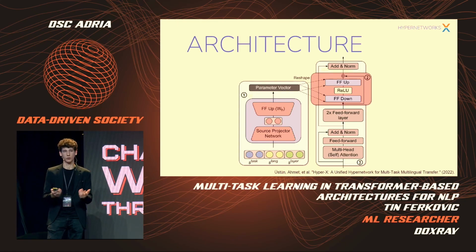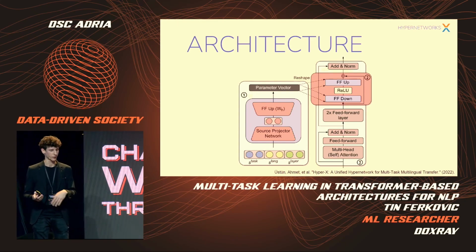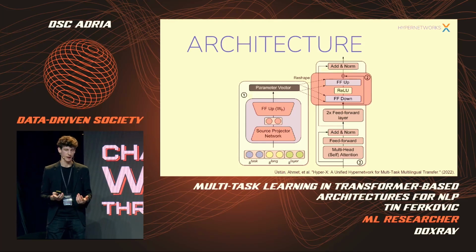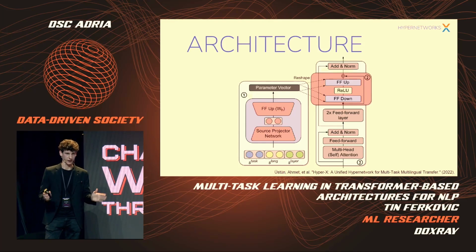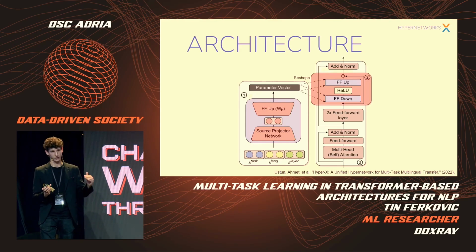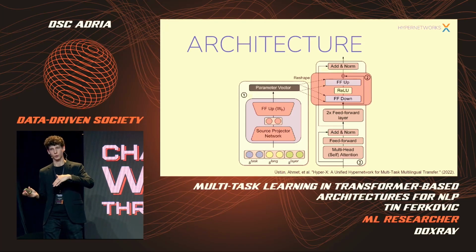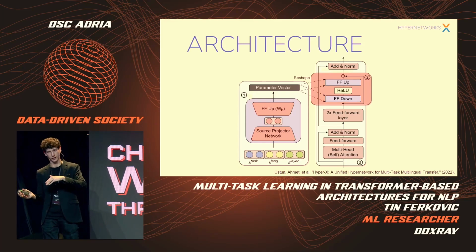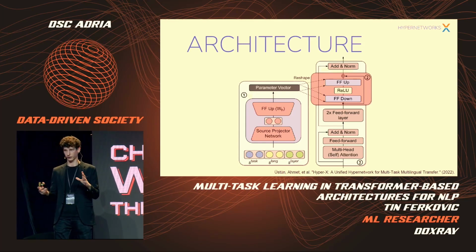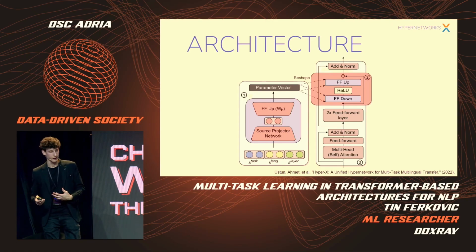It's again like a multi-layer perceptron, nothing special, some down projections and up projections, and it spits out the parameter vector that is of a defined shape, always the same shape that you know you will need, because it then gets reshaped into this adapter that we mentioned previously. So now we're generating parameters and reshaping them into an adapter instead of having a separate adapter for everything.